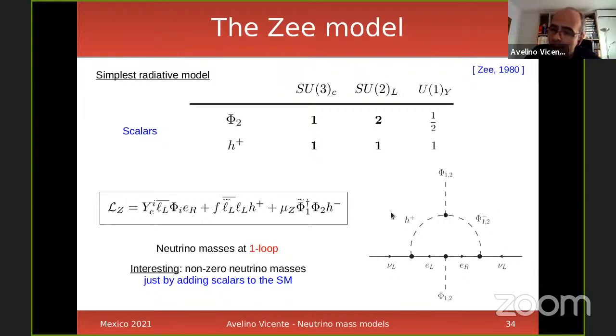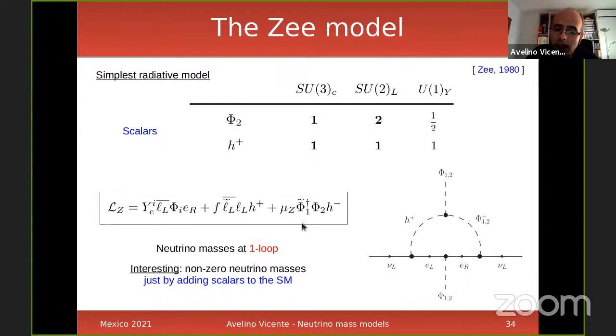And you get neutrino masses by loops, as you can see here. So this coupling here is what I call F. This coupling here is the standard model Yukawa coupling. And this coupling here is the cubic term that you have in the scalar potential. This is already enough to produce Majorana neutrino masses, this simple model.